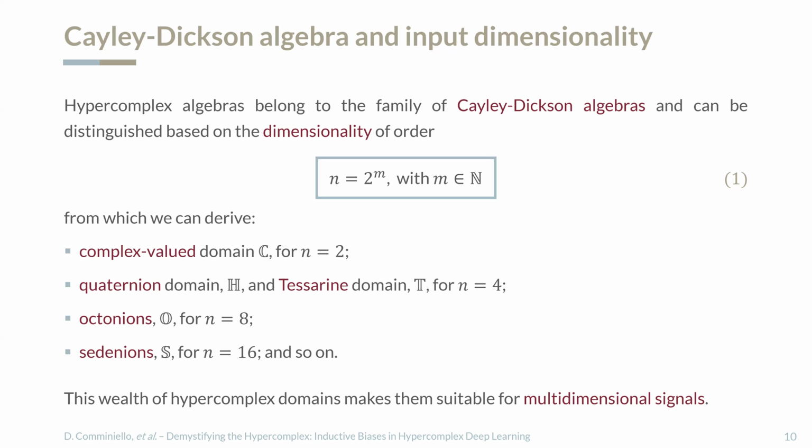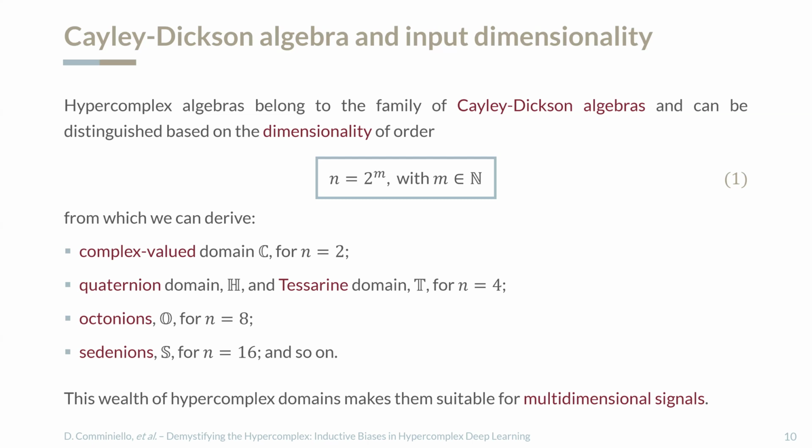If we use m equal to 2, we have n equal to 2 to the 2, so n equal to 4. And for n equal to 4, we can have other hypercomplex algebras like quaternion algebras or tessarines, or even other hypercomplex algebras.